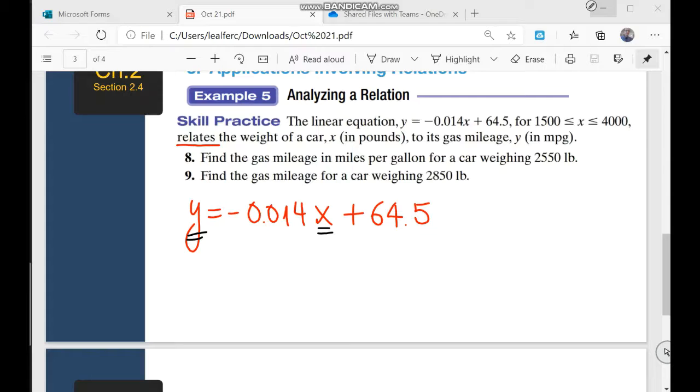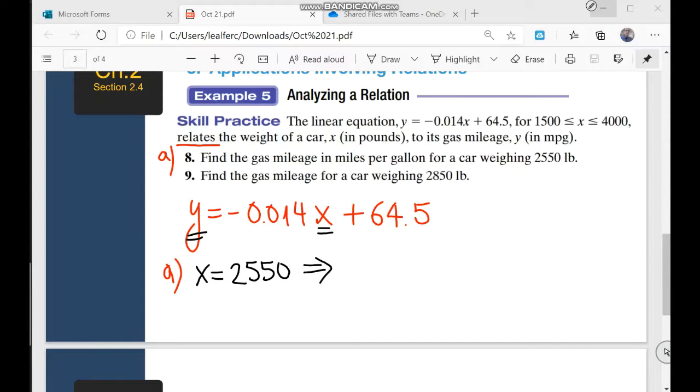And the first question here is, find the gas mileage in miles per gallon for a car weighing 2,550 pounds. Let's go to A. We just need to plug in the number, and the number here is x equals 2,550.